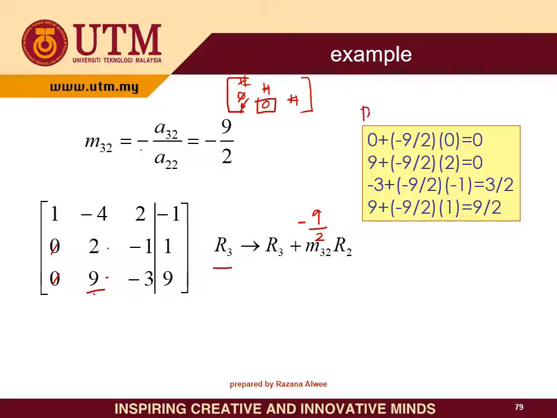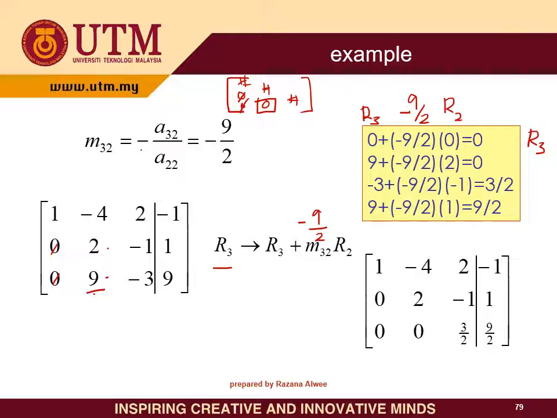This is our R3, this is our negative 9 over 2, and this is our R2. When you do this equation for all of R3, you will get a new R3. You can see here 0 will be 0, and 9 plus negative 9 over 2 multiplied by 2 gives 0 here, and then 3.2 and 9 over 2.